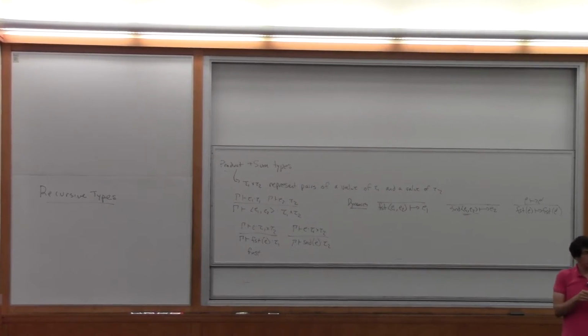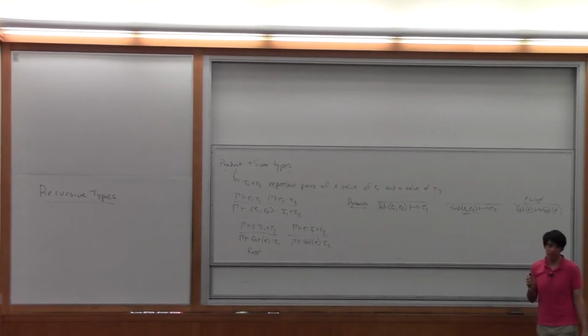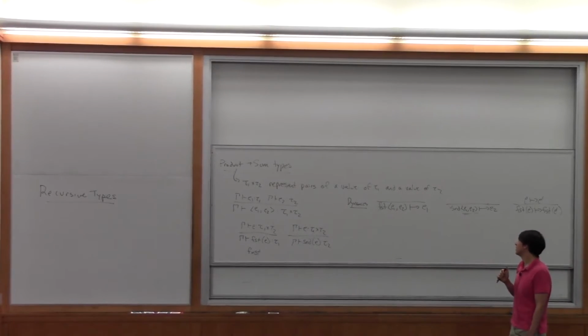Okay, suppose we want our pairs to be eager, or suppose we want them to be lazy. What do we do with these dynamic rules? So if we want lazy, let's say, what do I change about what's on the board? We're good, right?